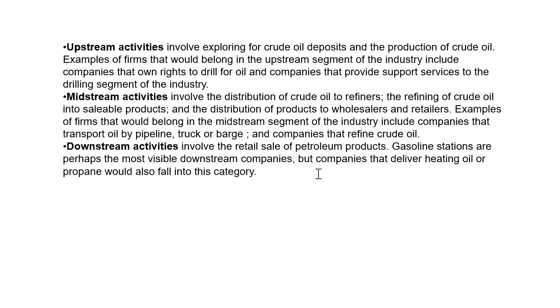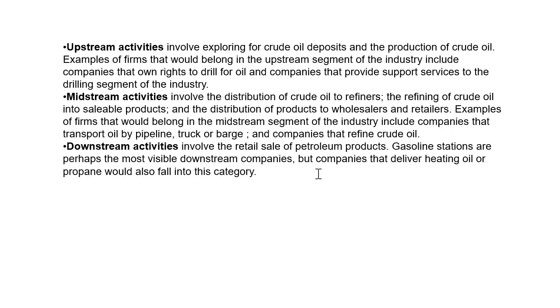After it is refined, the byproducts, that is kerosene, petrol, naphtha, are distributed to the wholesalers and retailers. Not all companies have the right to take the byproducts of the crude oil.